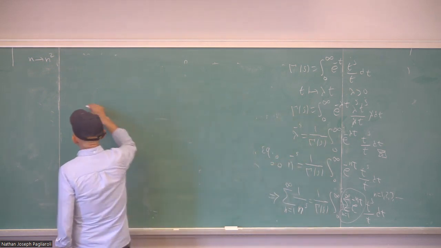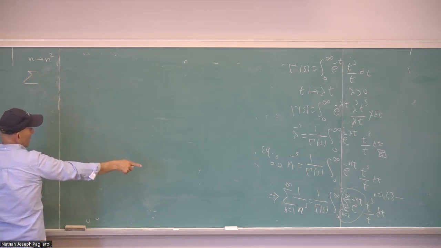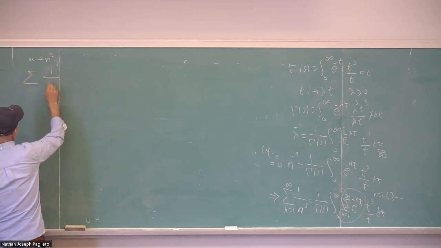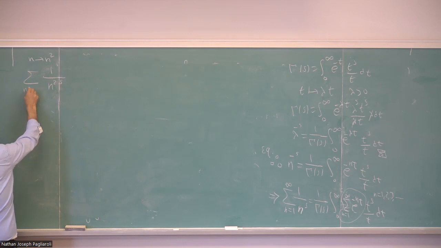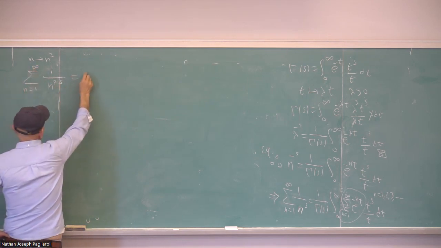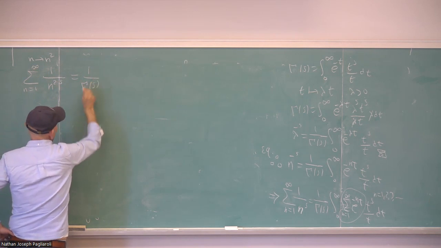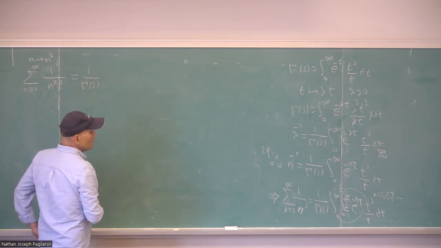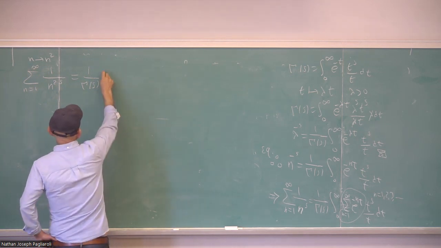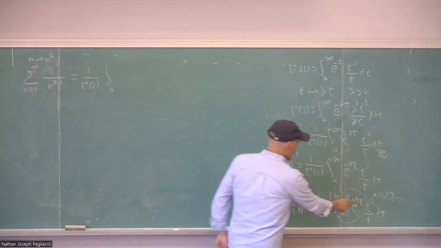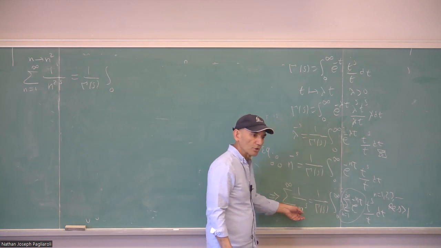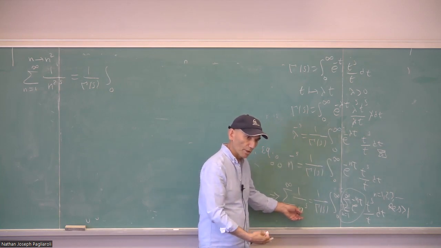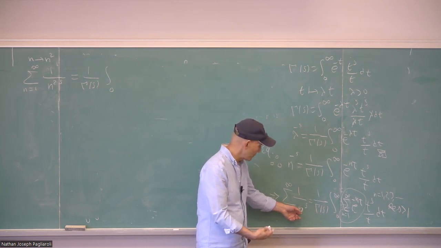So on the left-hand side, I get the sum of 1 over n to the power 2s, n from 1 to infinity, equal to 1 over gamma of s, integral from 0 to infinity. So here, by the way, this is for real part of s bigger than 1, because this function does not exist for real part of s less than or equal to 1. Okay, so this is the one.